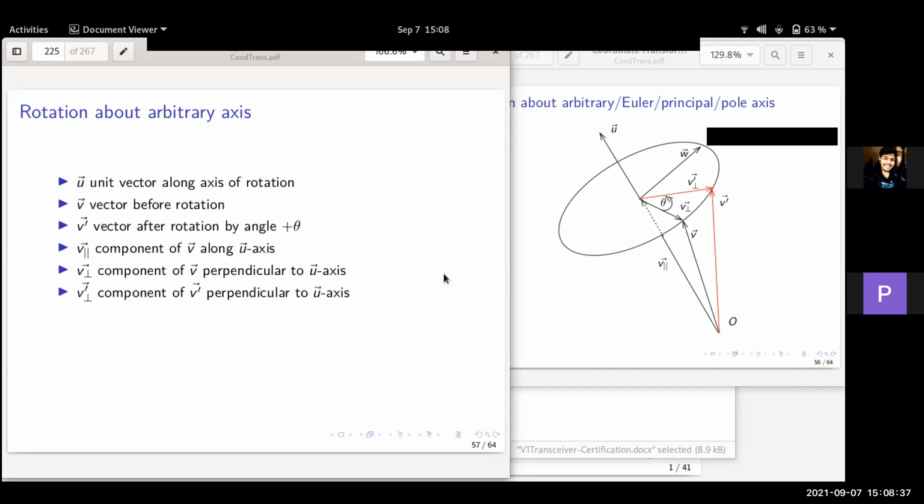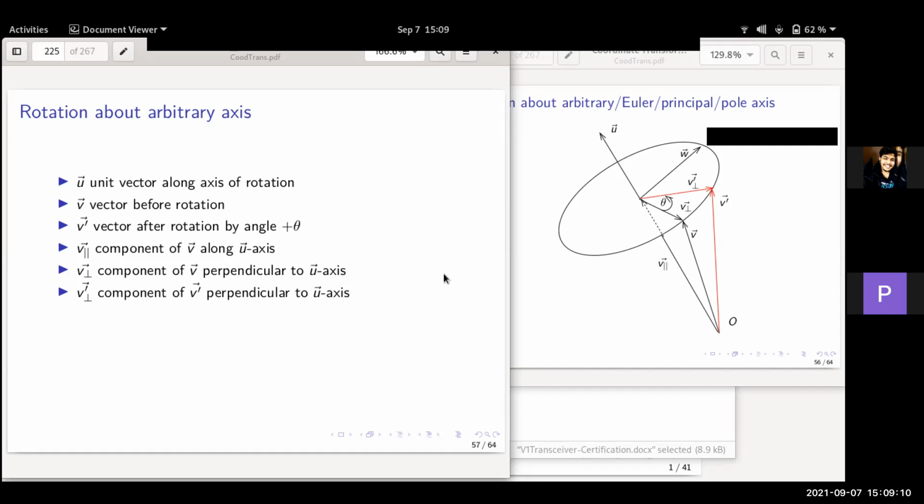Then v perp dash is the component of the rotated vector, which is once again perpendicular to axis u. In order to understand this, you should remember, if we were rotating a vector with respect to, let us say, the z-axis, then whenever you have a vector along the xy plane, even after rotation about the z-axis, these vectors do not come out of the plane.